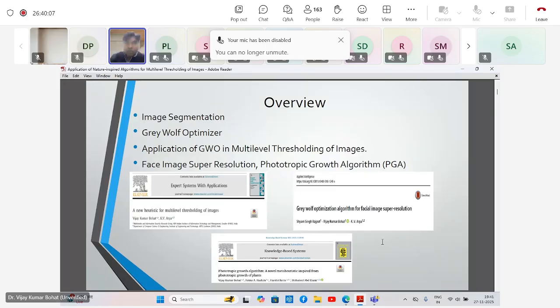And after getting inspiration from this optimizer, I have also proposed my own nature-inspired algorithm, motivated by the phototropism phenomena of plants, the phototropic growth algorithm, PGA. These are the outlines of my presentation.